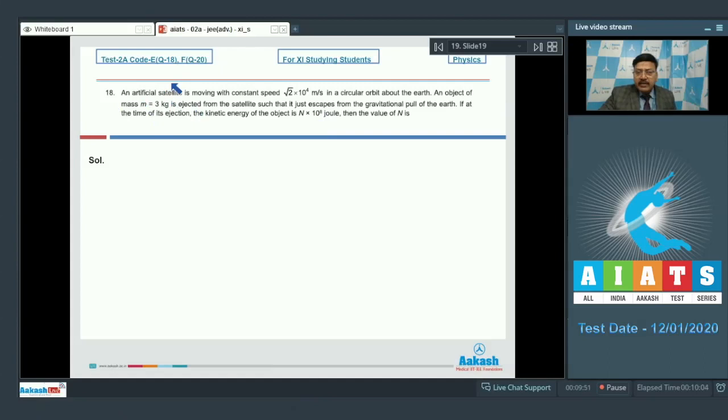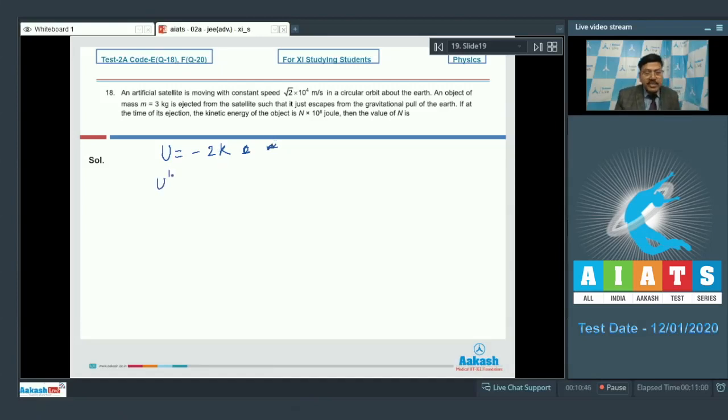Okay, so this artificial satellite is moving in a circular orbit around Earth, and in that case we know that the potential energy is minus 2k, and the total mechanical energy is minus k as far as the satellite is concerned. Now for the object of mass m, the value of U will be, let's call it U dash.